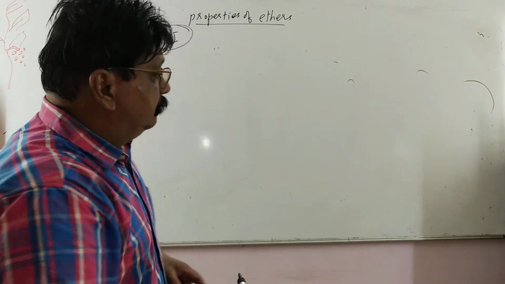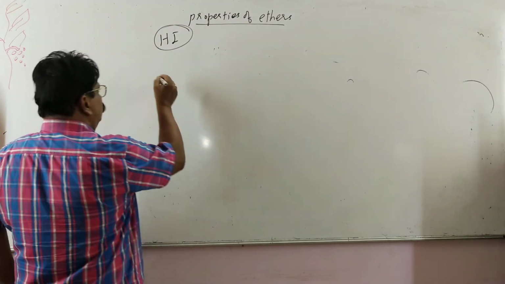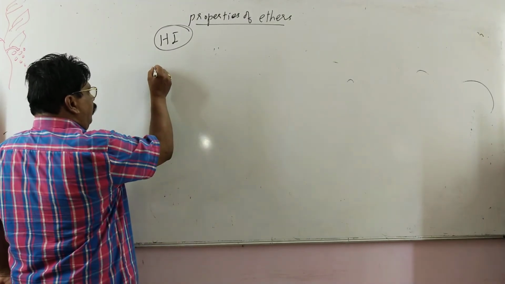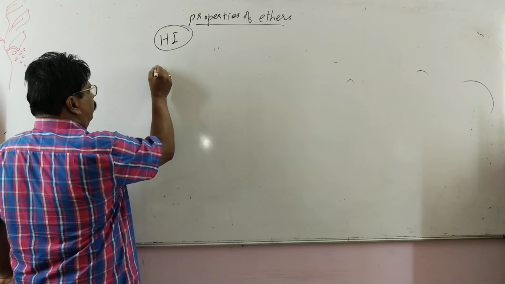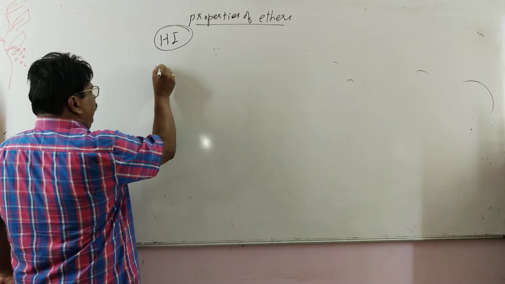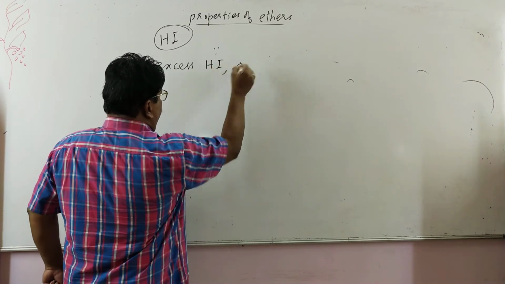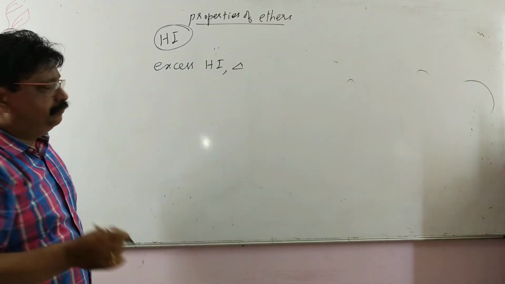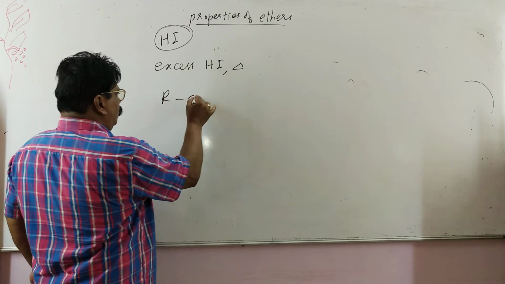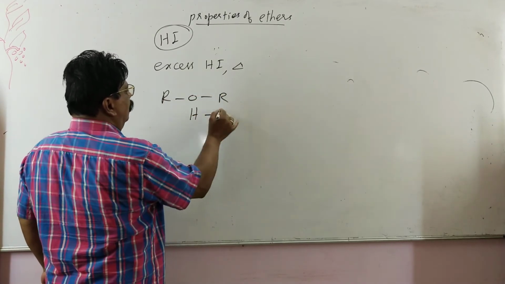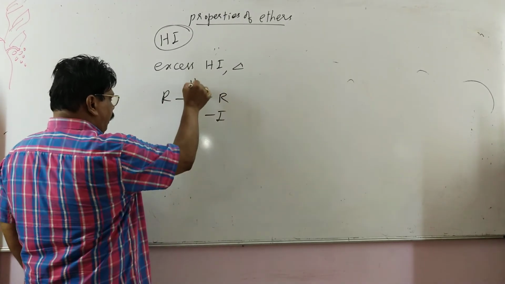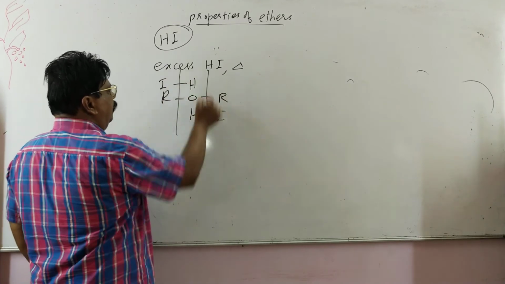Now, my dear children, say this one. If you are having excess HI, and with ether we are heating, so ROR, one HI, and this is the second HI.